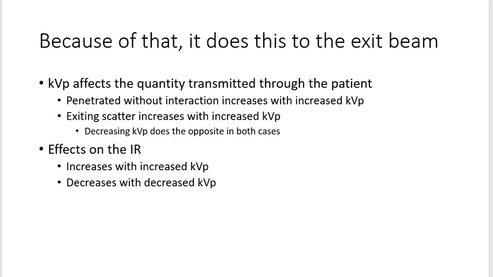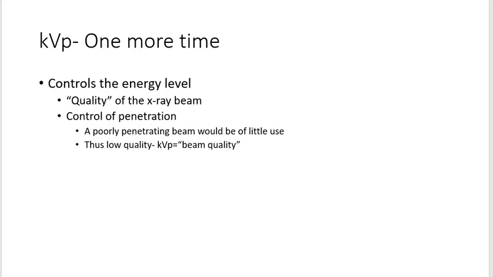If you decrease your kVp, it goes in the opposite direction. You're going to have fewer photons of lower energy striking the image receptor. So one more time, it controls the energy level of the X-ray beam. Excuse me. It controls the quality of the X-ray beam. It controls the penetration because, again, a poorly penetrating X-ray beam is useless in creating a diagnostic image.